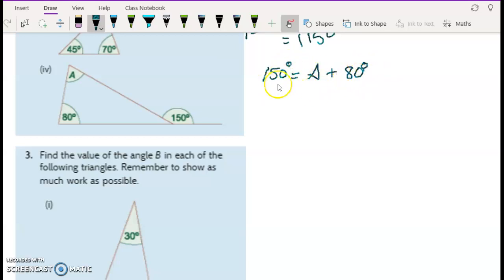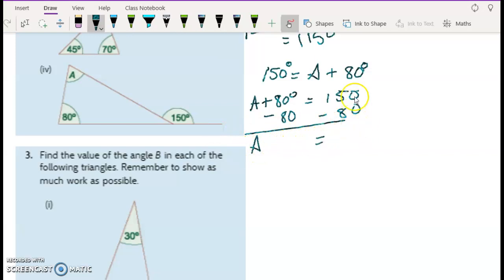If I swap everything around, I get A plus 80 is equal to 150. I take 80 from both sides. What do I get? I get A equals 70 degrees. What's the reason? Exterior angle.